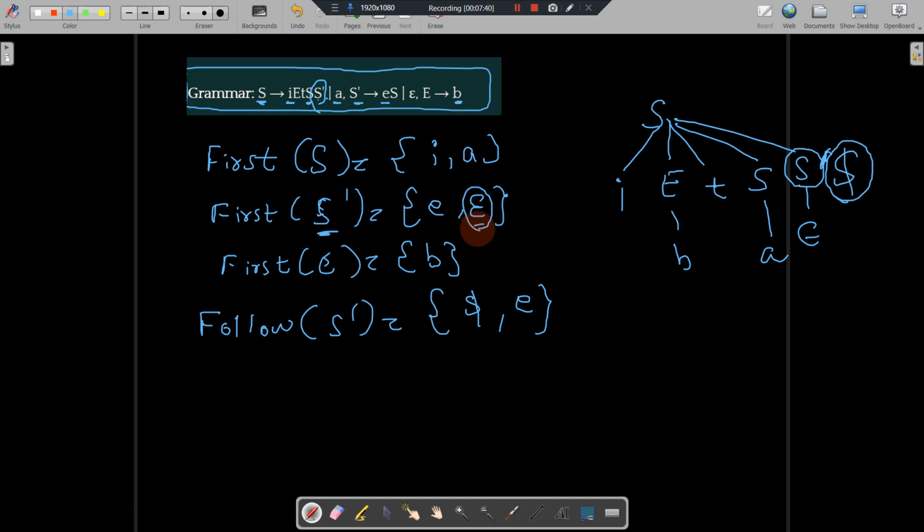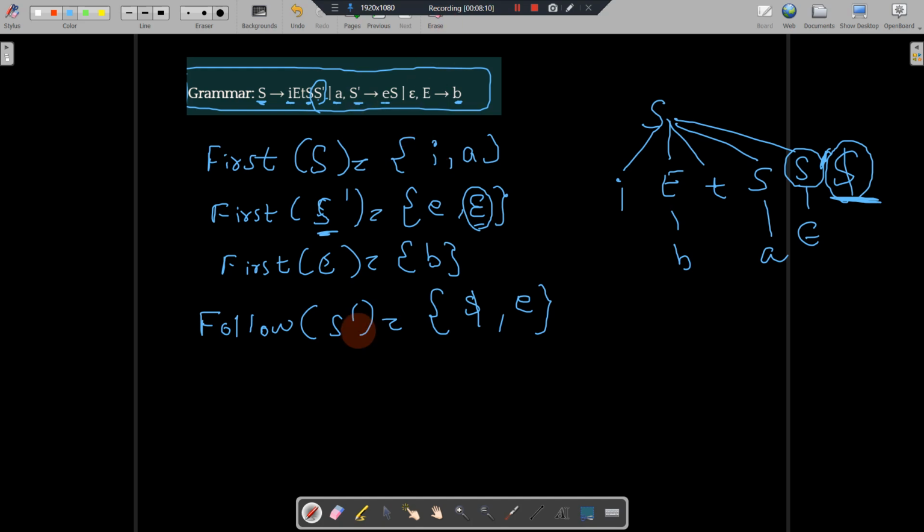But for putting the entries in the parse table for this production rule S dash derives epsilon, we need which terminal follows this, which terminal is coming next in the input token sequence. As it is replaced with nothing, so the follow of this will be used as evidence to be using this production rule.